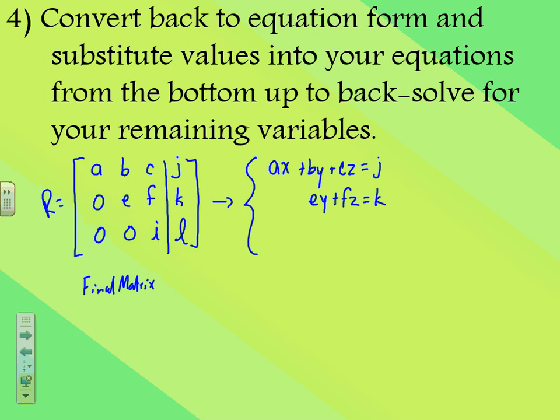And then the final one gives me I times z equal to whatever number I have here. By doing those 3 specific row operations, we are able to have a matrix that produces a system of equations that is going to give us a lot less difficulty in solving.